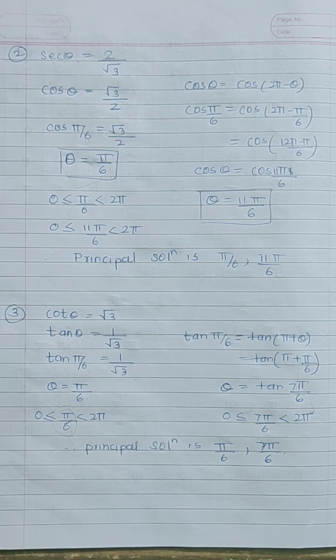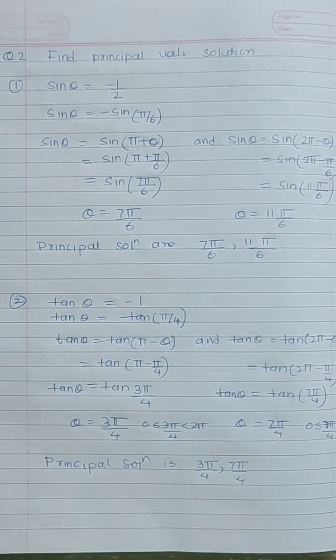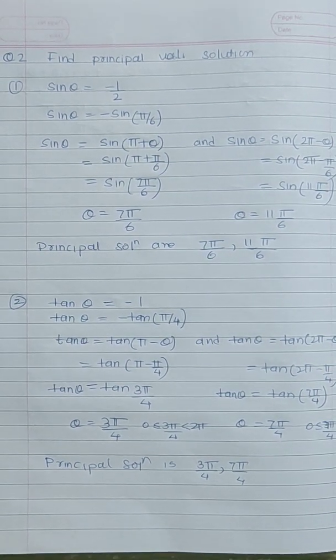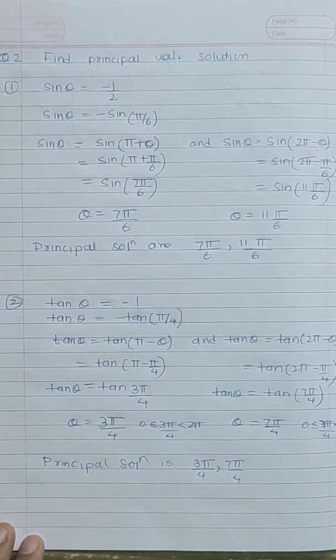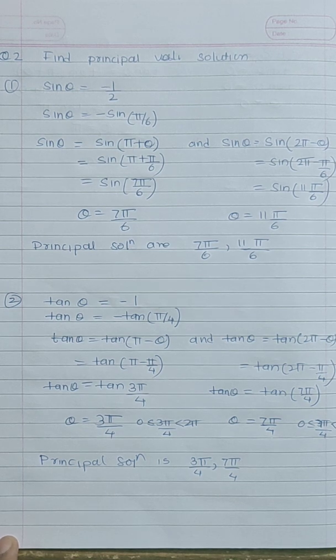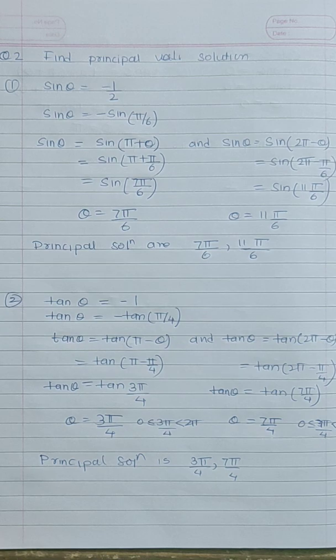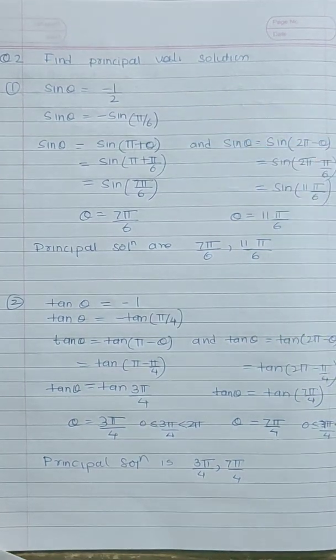Now next one, question number 2. In question number 2 there are negative values of the trigonometric functions. Till first 4 sums the values were positive. Now here negative. So how to do? See, what is given? Sin theta is equal to minus half.